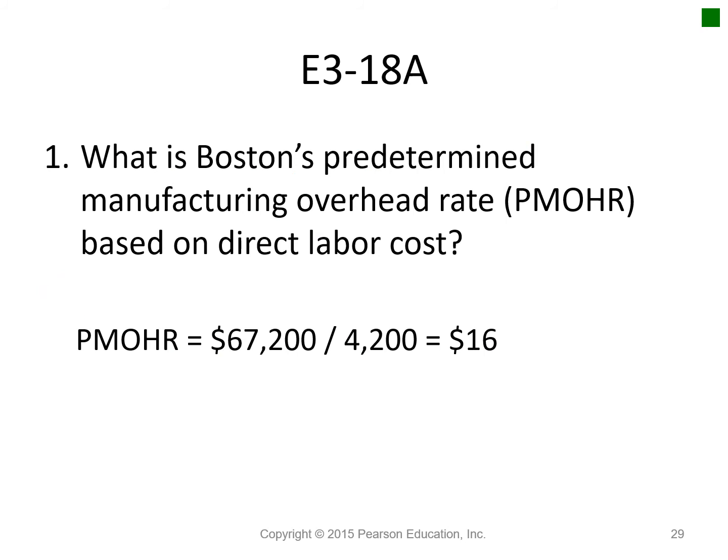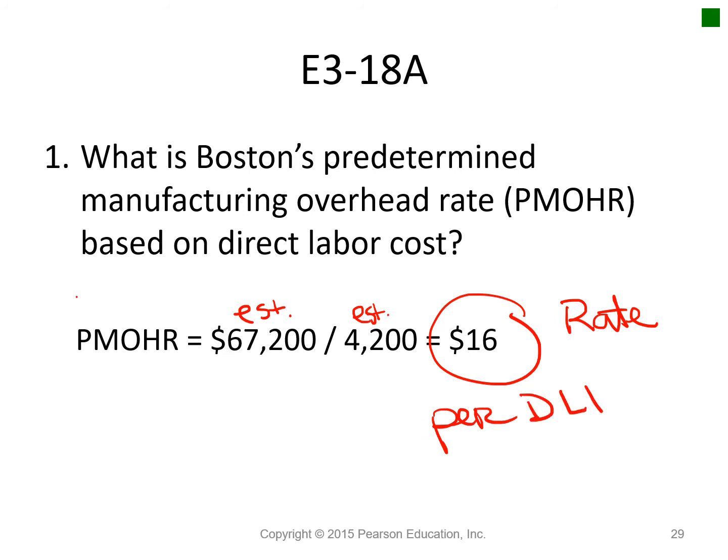So here's our predetermined overhead rate. They told us the estimated overhead was $67,200. The estimated activity was 4,200 hours. We get a predetermined overhead rate of $16. I'm going to make a note, this is per direct labor hour. That tells us this is the base we multiply to get the allocated overhead.